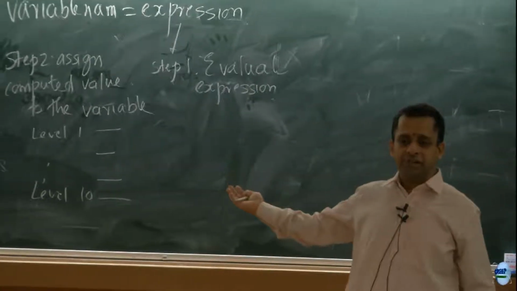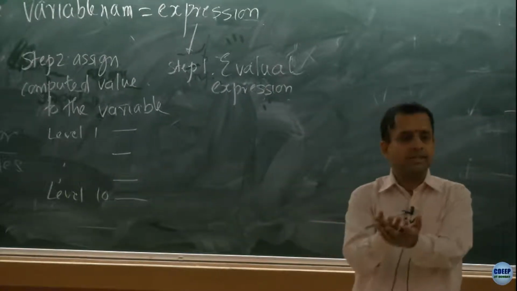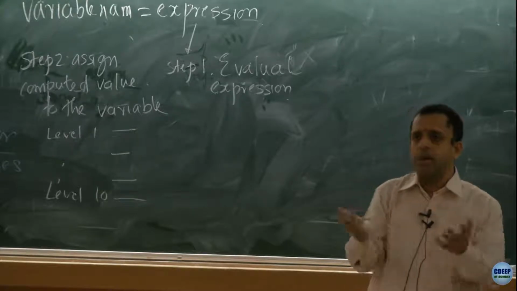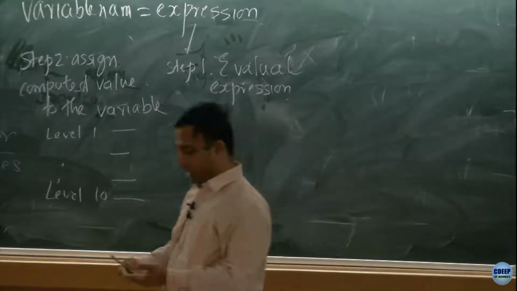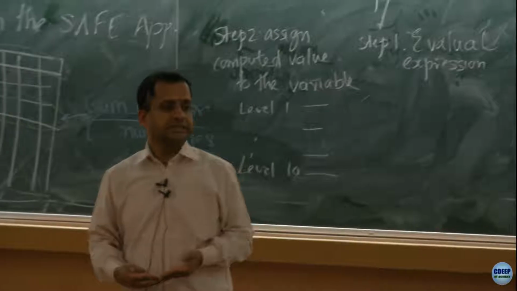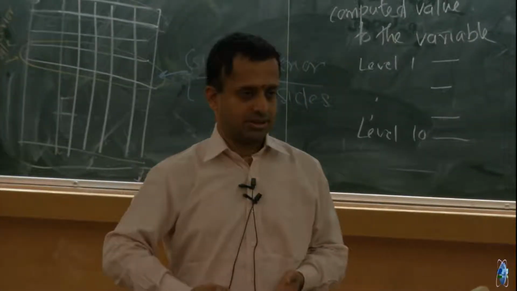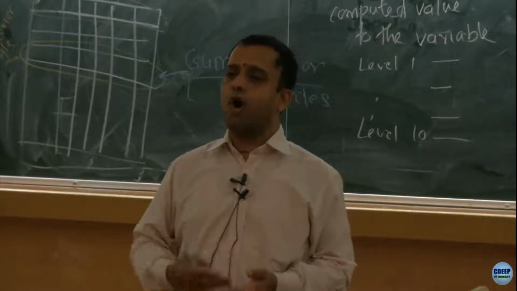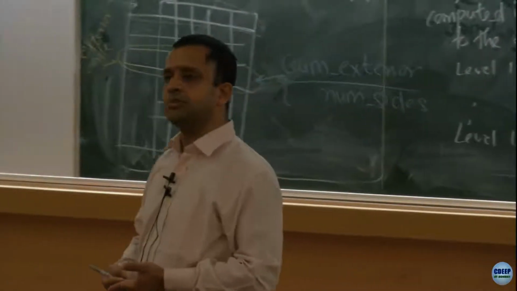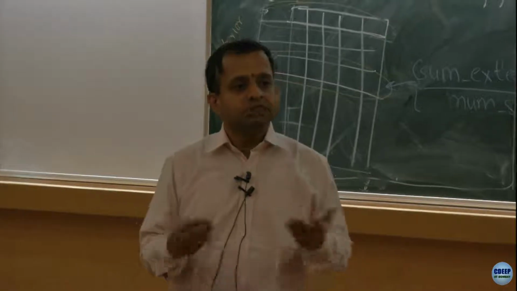Now what are we actually dealing with? You already saw the motherboard, the CPU, right? At the lowest level, what are we dealing with? Electrical circuits. We are dealing with voltages. All storage will be in terms of some voltage.